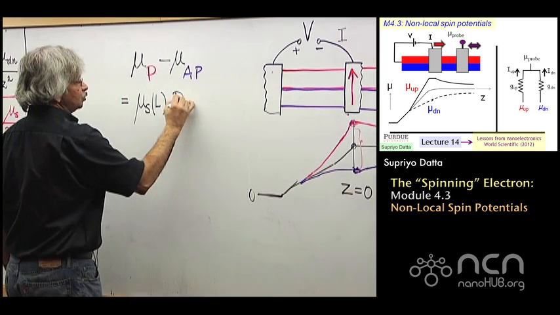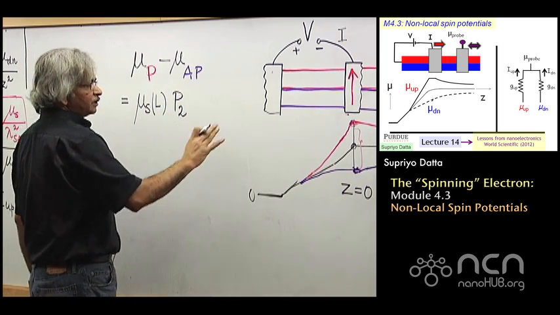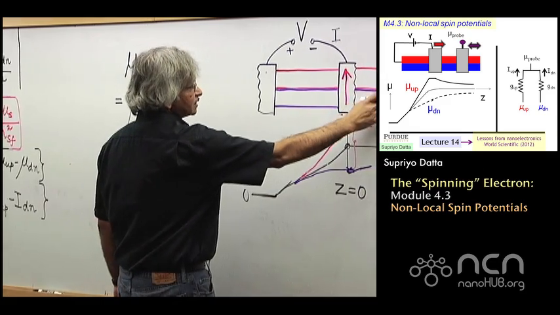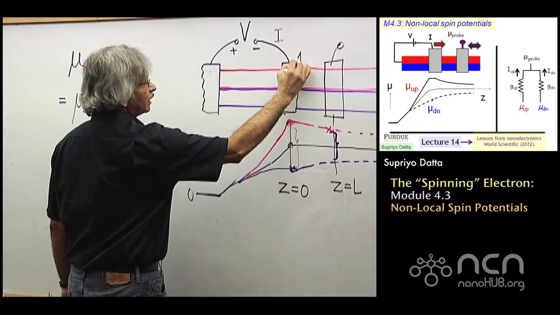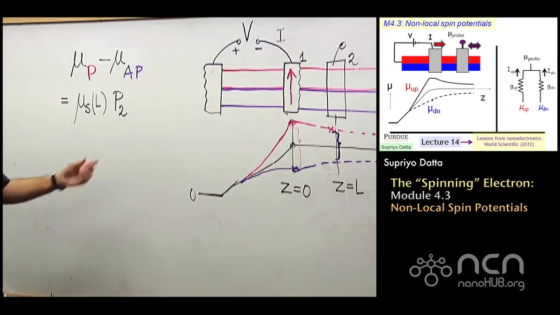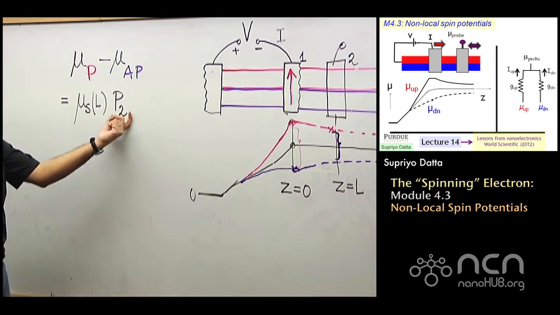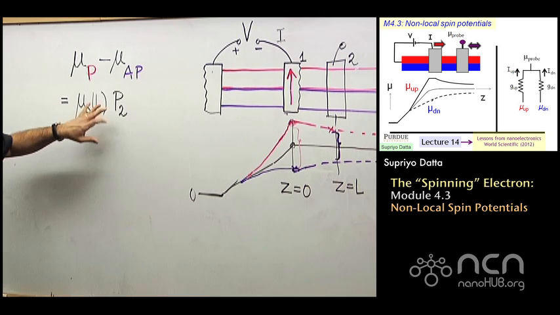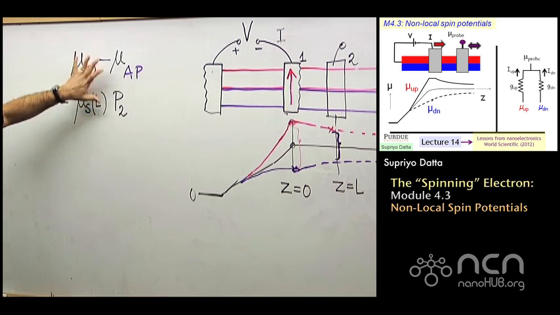So we'll call this P2, because we now have these two magnets. This is one, that's another. So I'm calling this magnet 1, calling that magnet 2. So it's like the polarization of that magnet. Okay. So this is the result that we are trying to show.